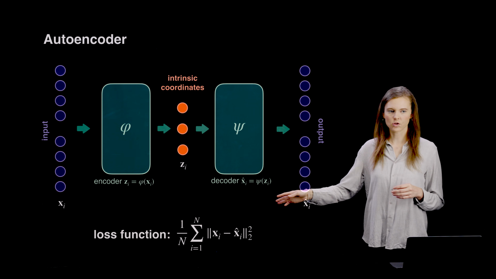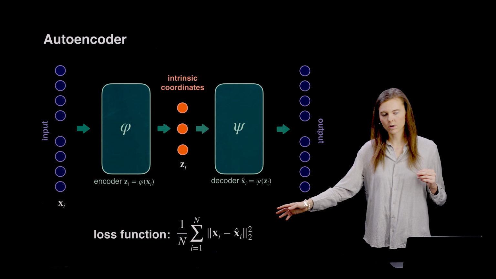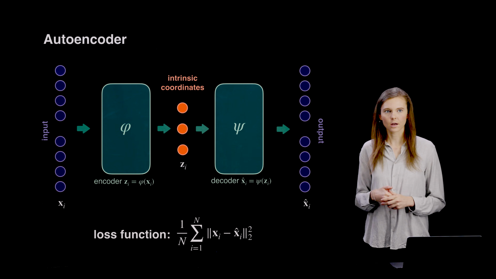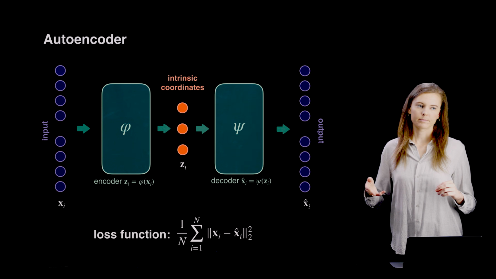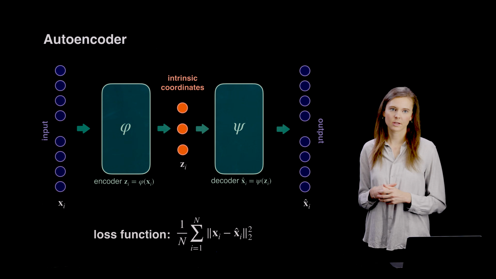You can see the loss function for the autoencoder down here. If I'm giving it some high-dimensional input data X, I simply want the autoencoder to be able to reproduce that data. And then I'm going to map through this hidden layer that represents the intrinsic coordinates and gives me some alternative representation of my data.